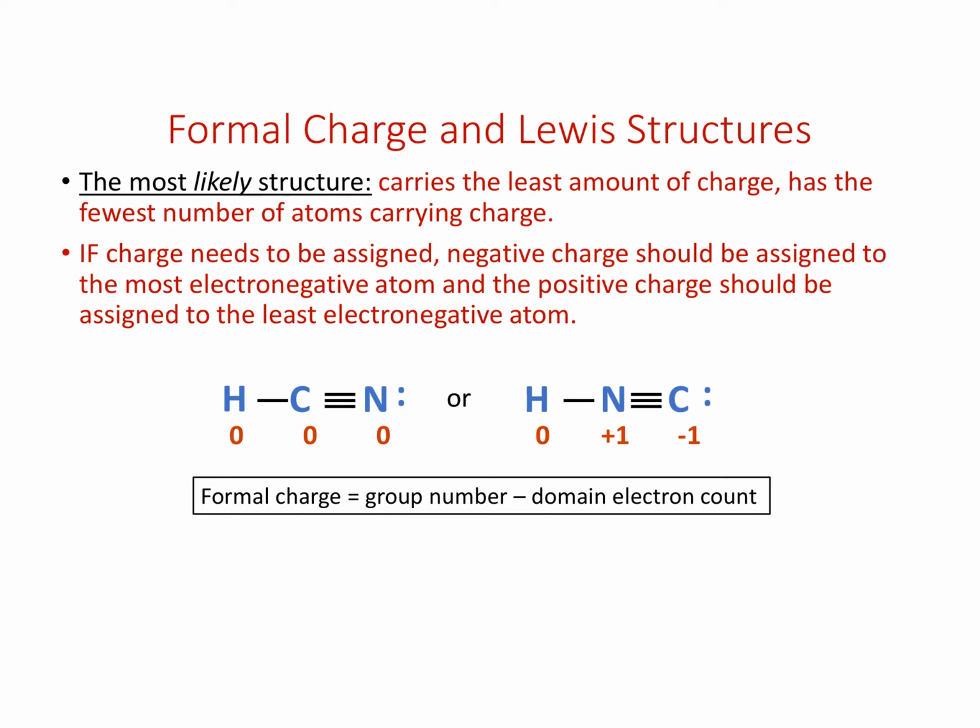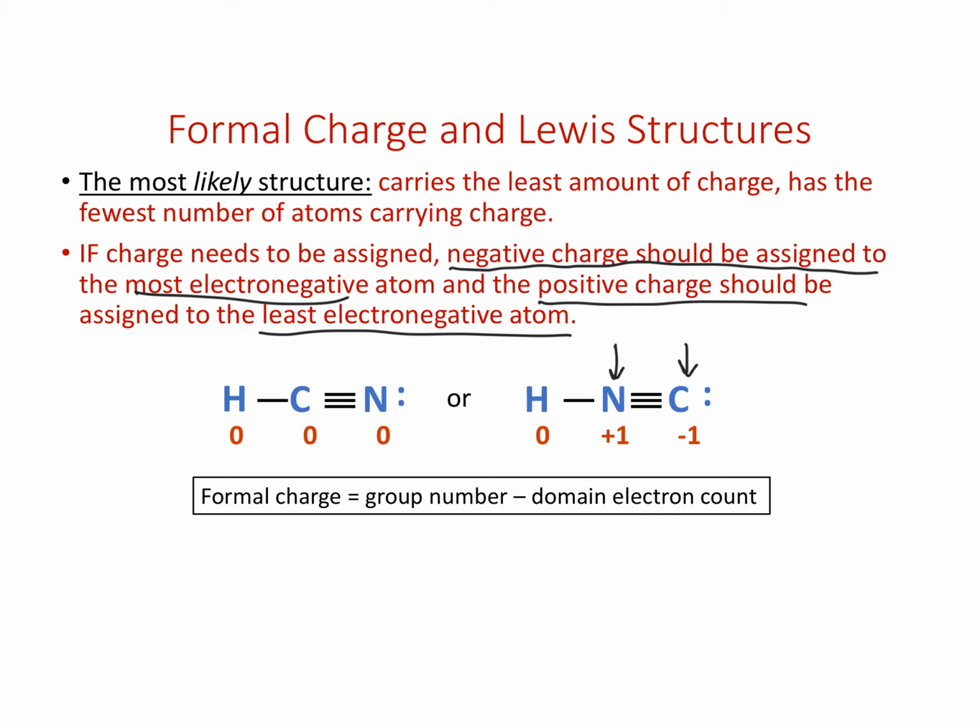we want to have the lowest charge possible, and if we have to assign charge, we always want to make sure that a negative charge is assigned to the most electronegative element, and a positive charge is assigned to the least electronegative element in that Lewis structure. So if we go back to the Lewis structure we came up with, we have a positive assigned to nitrogen, a negative assigned to carbon.